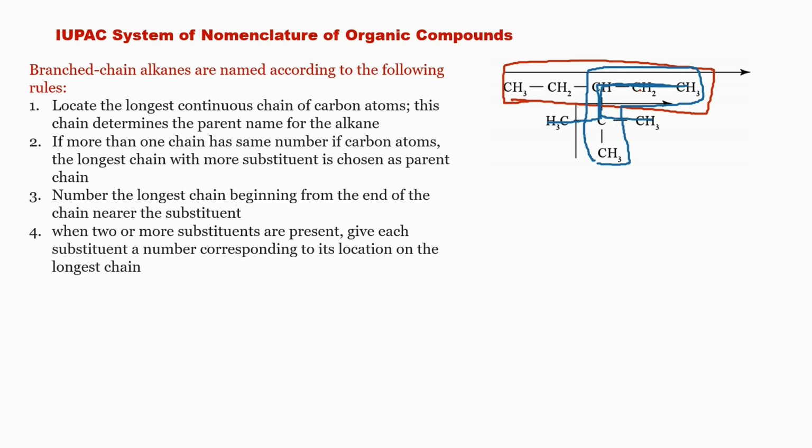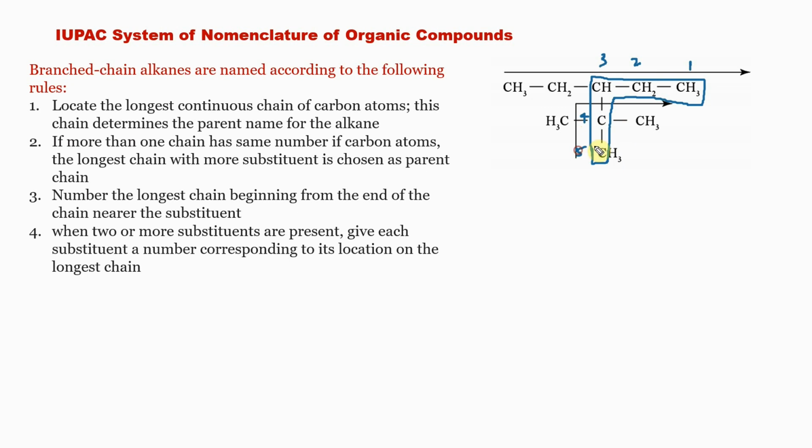Okay, now I have chosen the blue. Let's say I have chosen this. Do you start 1, 2, 3, 4, 5 or do you start from the other end, 1, 2, 3, 4, 5? The rule says to number the longest chain beginning from the end near the substituent.